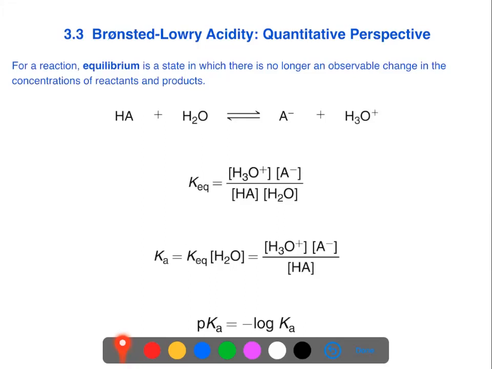Now, an equilibrium is a state in which there is no longer an observable change in the concentrations of reactants and products. And so you'll notice that the arrows that we use to describe an equilibrium are these half-headed arrows, one pointing in the forward direction and the other pointing in the reverse direction.